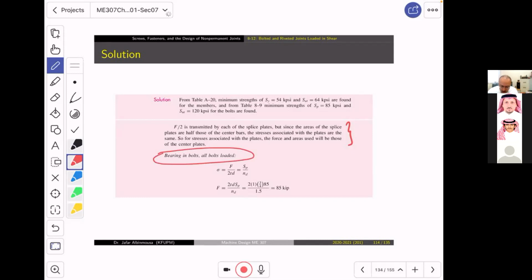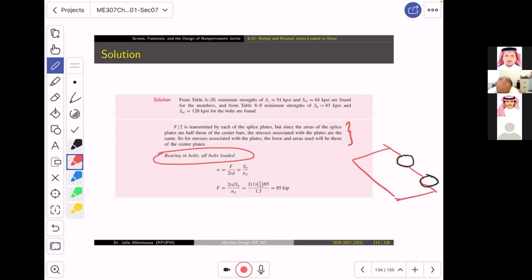It means that I will assume that when this is the plate, I cut it in half, and this is the bolt over here, and the plate has a thickness.